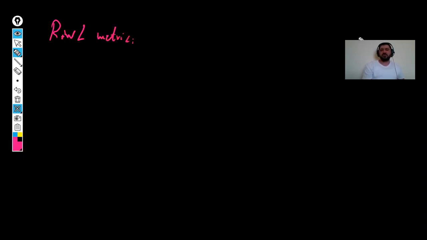Now, of course, if you want to describe the distance between any 2 points in space, you need to use the metric. For example, if we are in Euclidean space, as you know, this will be described as ds squared equals dx squared plus dy squared plus dz squared.